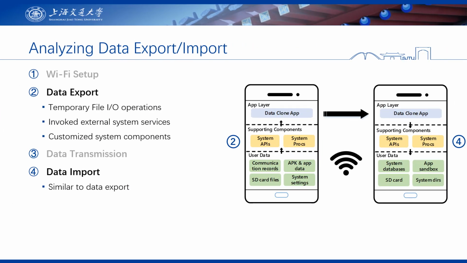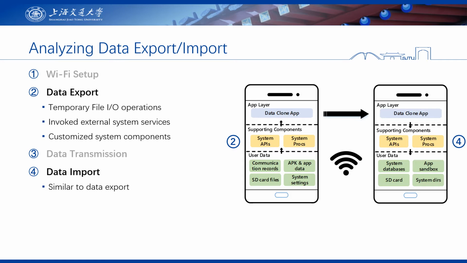After the Wi-Fi network is established, we further examine how the data clone app accesses user data. We reverse engineer the data clone app and relevant system services to understand the data access behaviors. For example, to understand how various kinds of information are exported and imported, we first monitor file I/O operations to identify where the intermediate data are stored and check whether these intermediate data are properly cleaned after transmission.